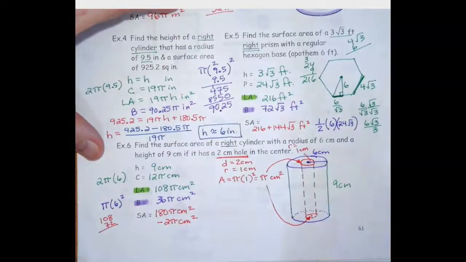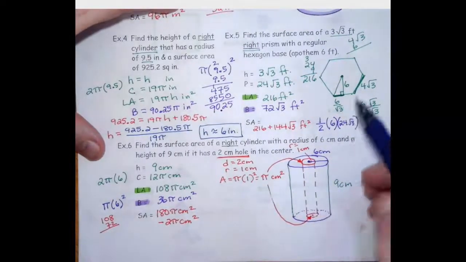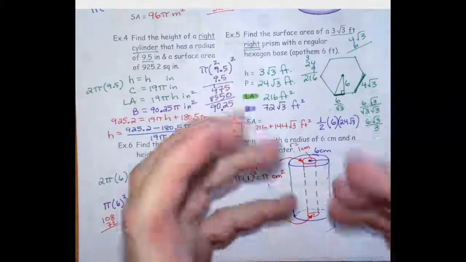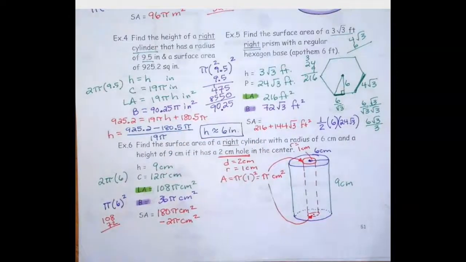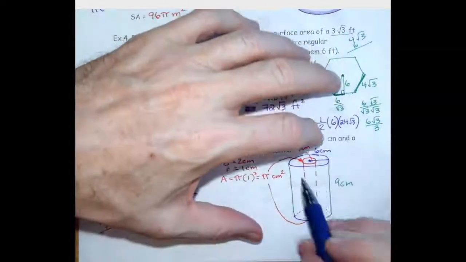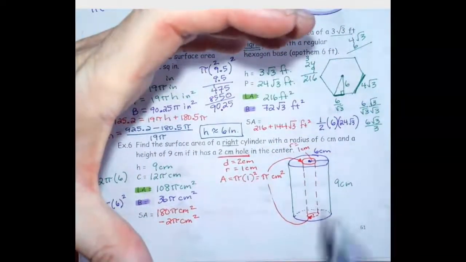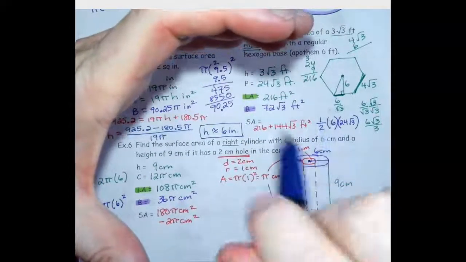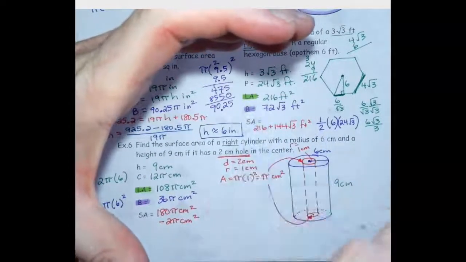Now, the last part: let's pretend this is a piece of metal, part of a machine that needs to be underwater. Since it's underwater, we need to make sure it's coated with a rust-proof coating. So we want to coat the outside, but we also want to coat the inside of that tube. When you look inside a paper towel roll, you can see the cardboard, exposed to the air.